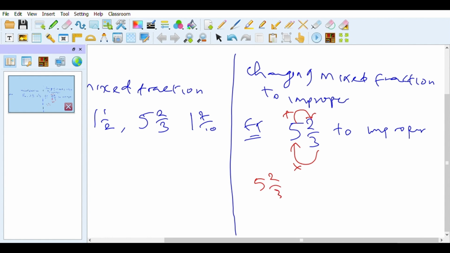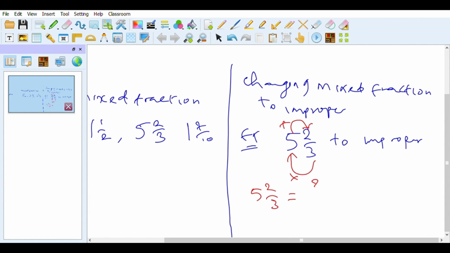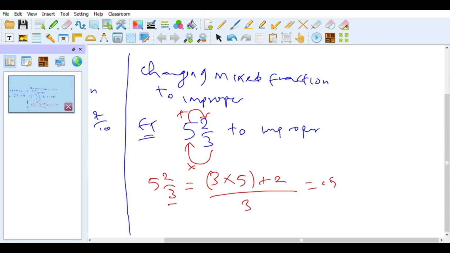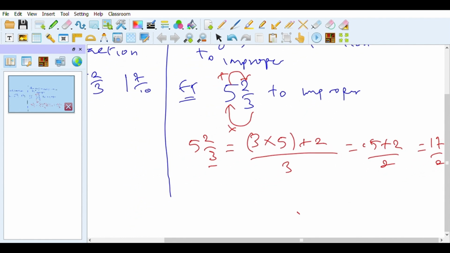So 5 whole number 2 over 3 is the same thing as using the denominator 3, multiplying by the whole number. Get your answer first before you add the numerator, and everything will still come with the denominator 3. So 3 times 5 is 15, plus 2, all over 3. So we have 17 over 3. So we have succeeded in converting this to an improper fraction.